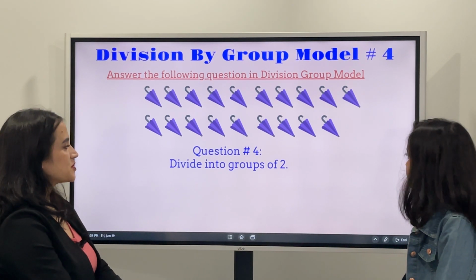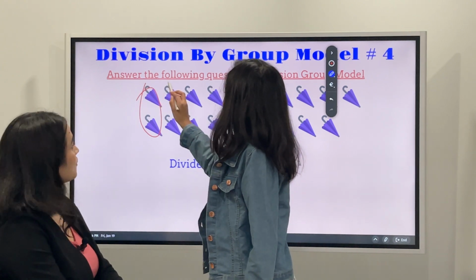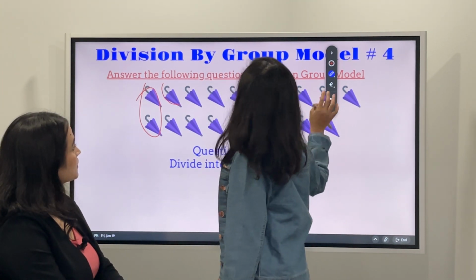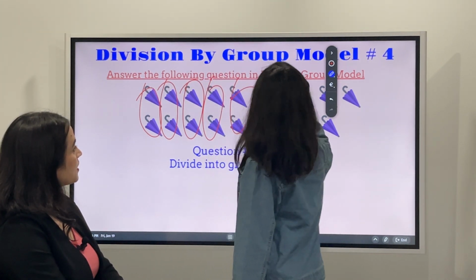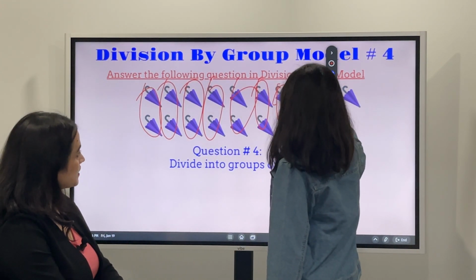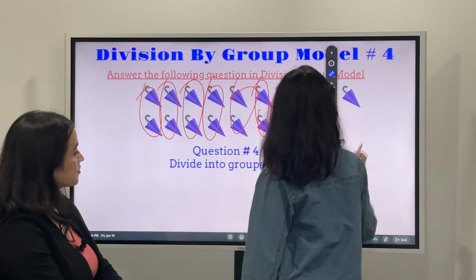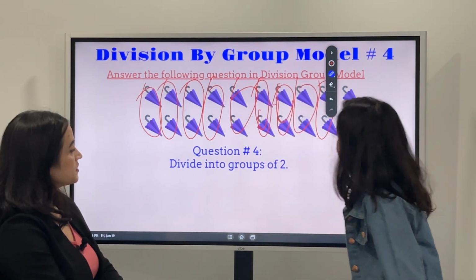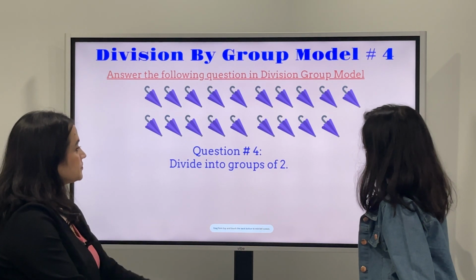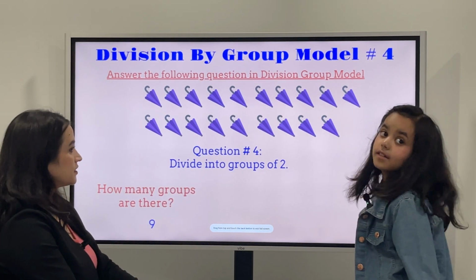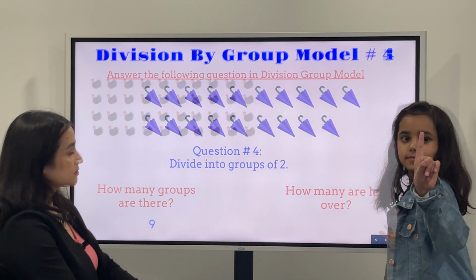Divide into groups of 2. 1, 2, 3, 4, 5, 6, 7, 8, 9, and 1 remaining. So how many groups are there? 9, we counted. And then how many left over?